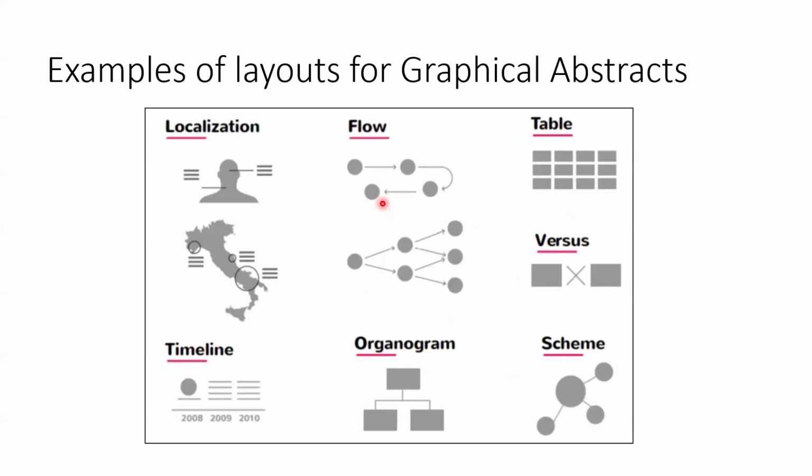This is just an example of a layout, right? You can have location-wise graphical abstracts. You can have flow chart-based abstracts. You can have tables. You can compare things. You can have timelines. You can have organograms. You can have schemes. You can have any combination of these put together, right?